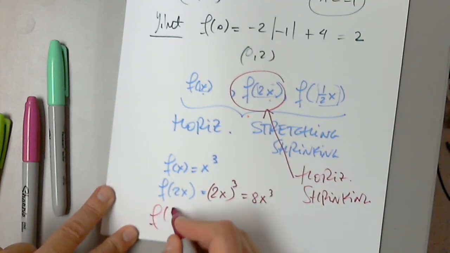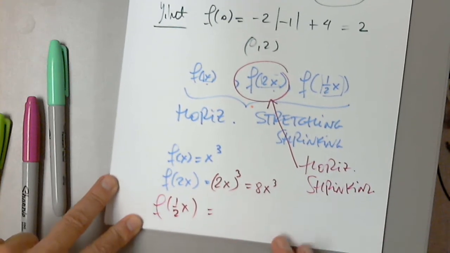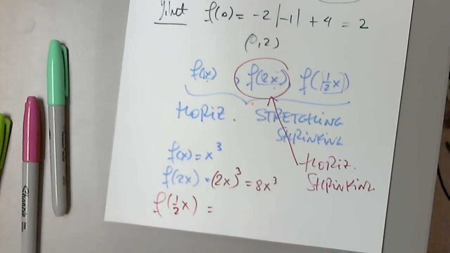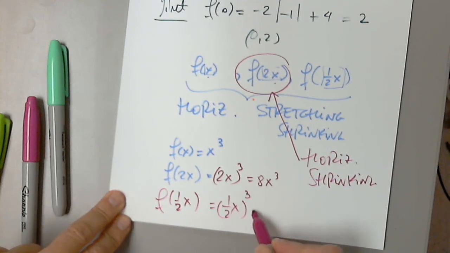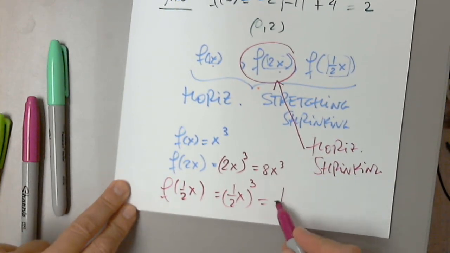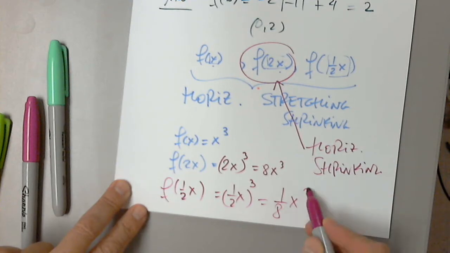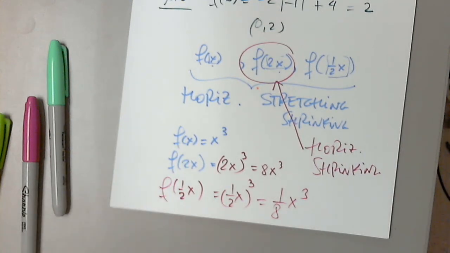Okay, let's discuss 1/2 x. What will happen now? 1/2 x cubed, which is 1/8 x cubed. Let's analyze this one. You would expect that if I change x into 1/2 x, this would happen, right? A horizontal shrinking of the graph, because I'm changing 10 into 5.